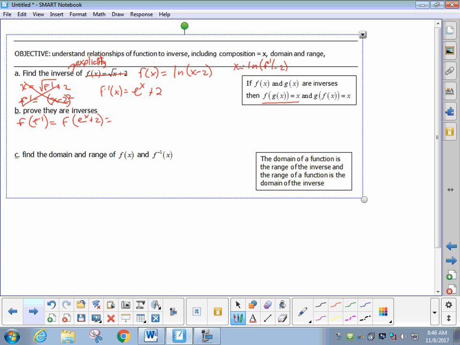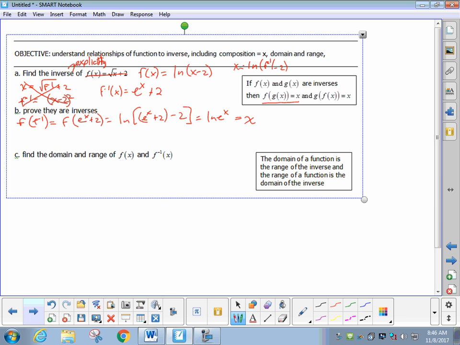And if I put that guy into f, then that means the natural log of blank minus 2, because that's what f is. And in that blank, I put e to the x plus 2. Well, if we simplify within, the 2's go away, and I get natural log of e to the x, which is just x. Okay?